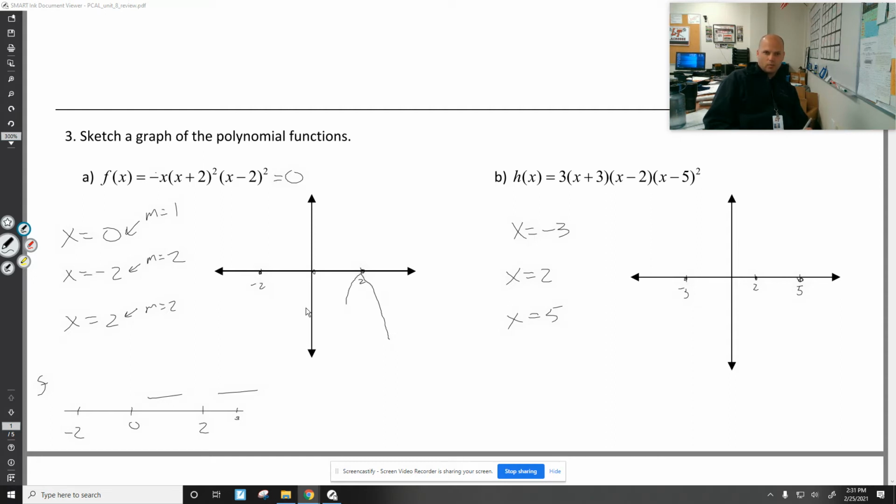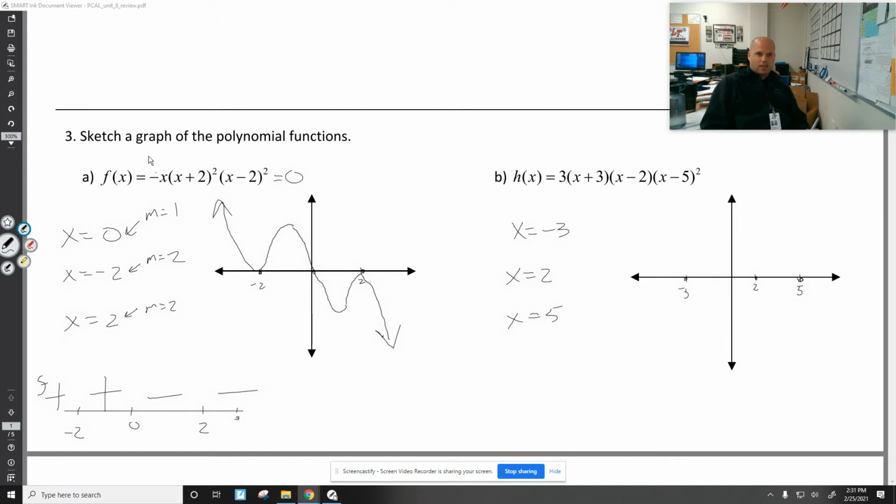At 0, the multiplicity is 1, so you're going to pass through and change signs. And then at -2, the multiplicity is 2, so you're going to bounce off like this. And this is what your graph would look like. And you might wonder, how do I know that it's going to look like that? Well, if you do the sign change and you understand multiplicities, no big deal.